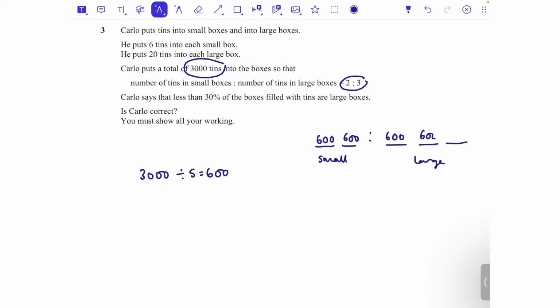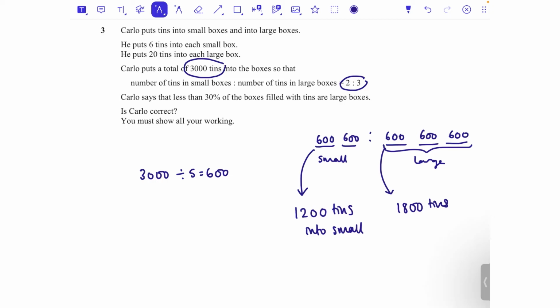Now that tells me that there are 1,200 tins going into small boxes, and there are 1,800, because that's 600 times 3, 1,800 tins going into large boxes. Okay, great. We know that 6 tins make up one whole small box.